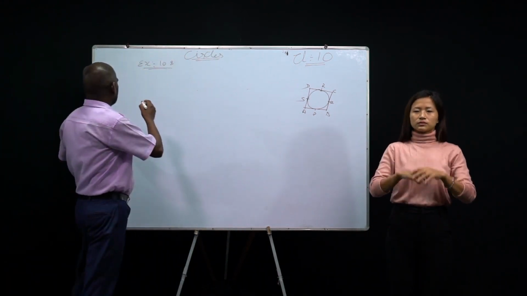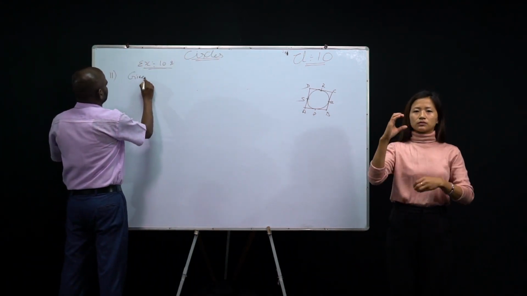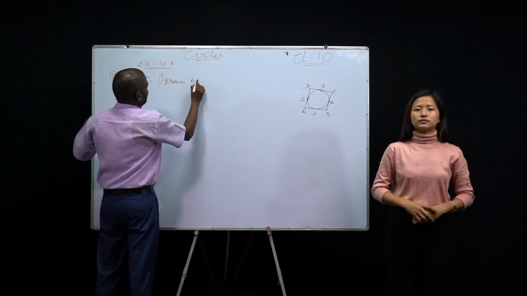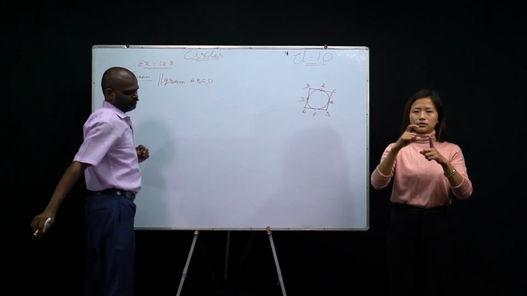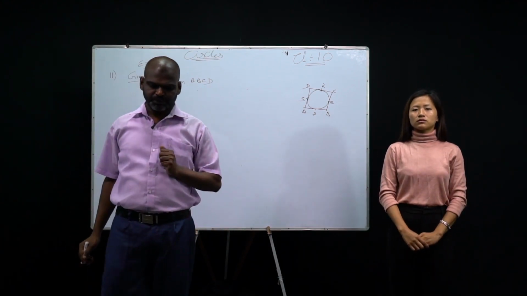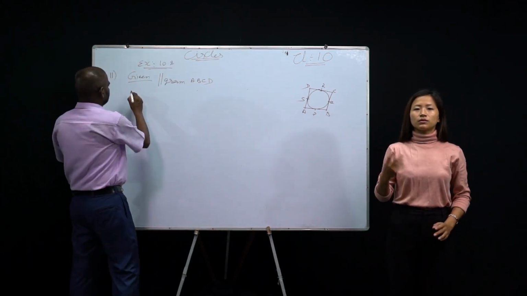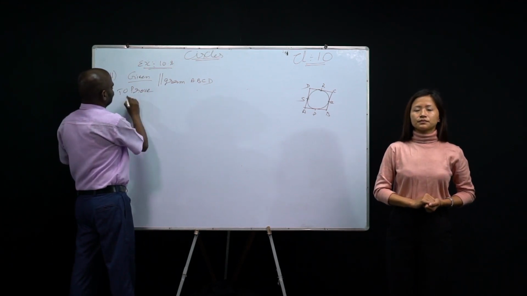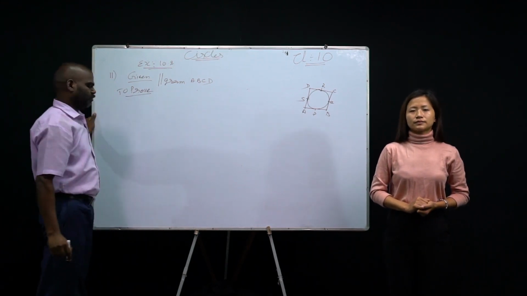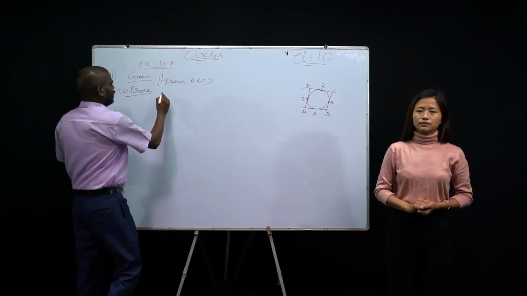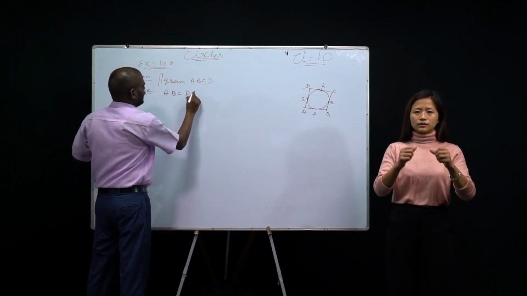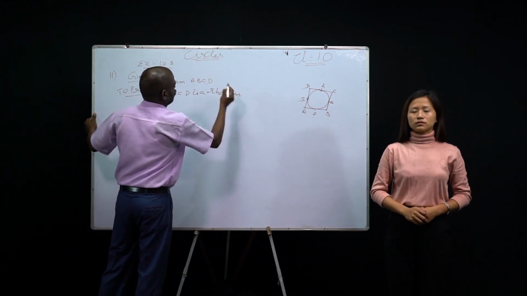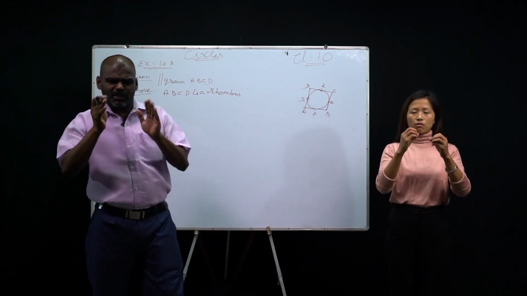So ABCD is a parallelogram. Given parallelogram ABCD. What we have to prove is ABCD is a rhombus. What is a rhombus?